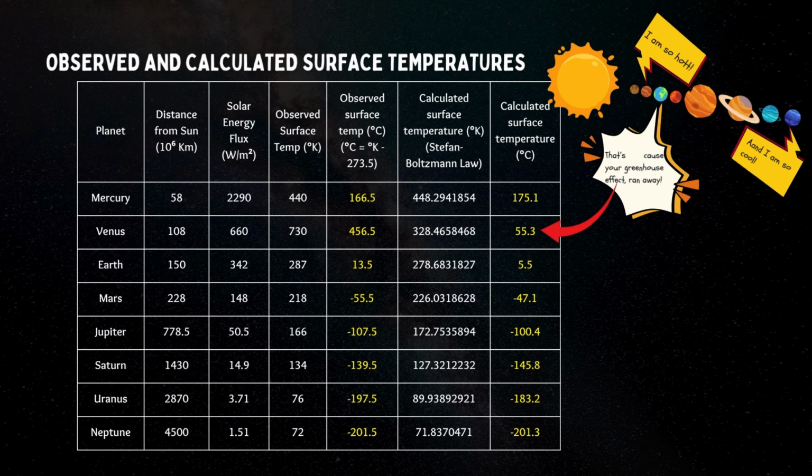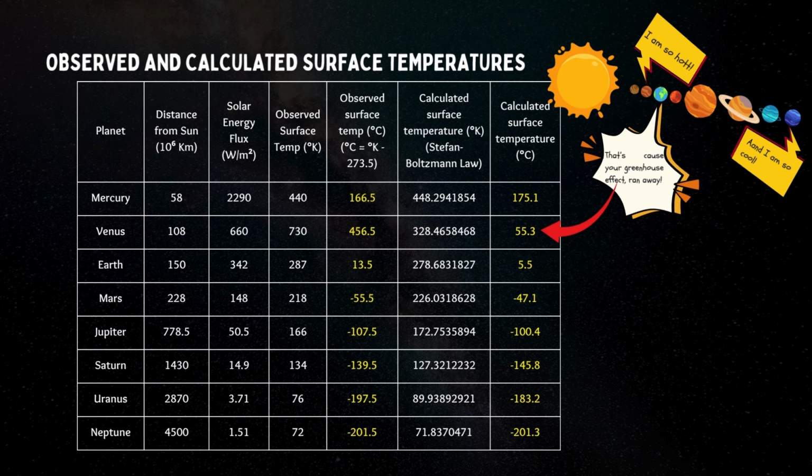So, let us go over each one specifically so that it stays with you. Mercury observed is 166 and calculated is 175. Venus observed is 456, but I expect it to be 55 degrees, right. So, obviously a mismatch here between the observation and the calculation.